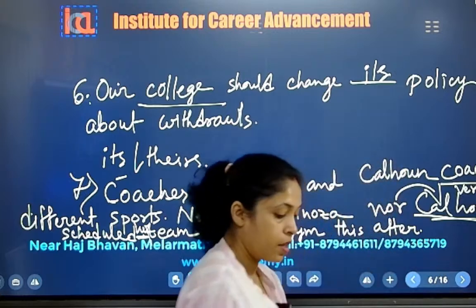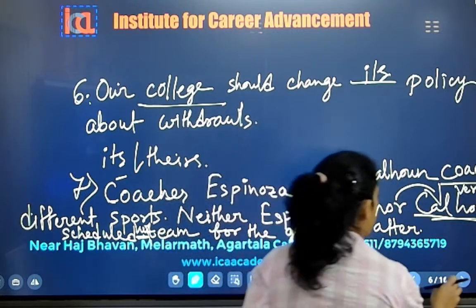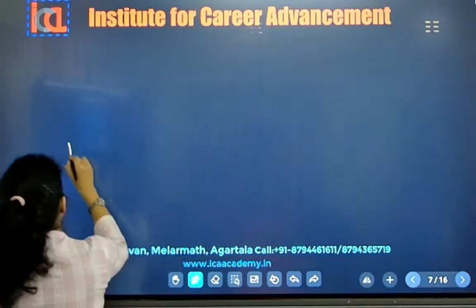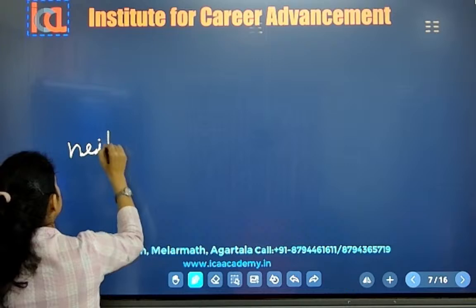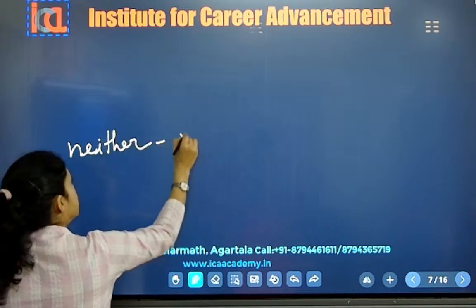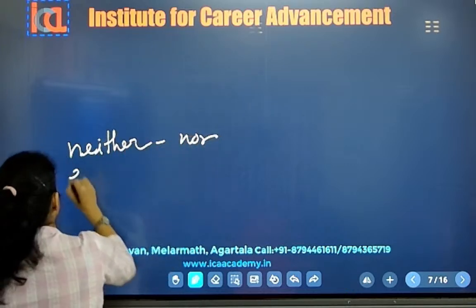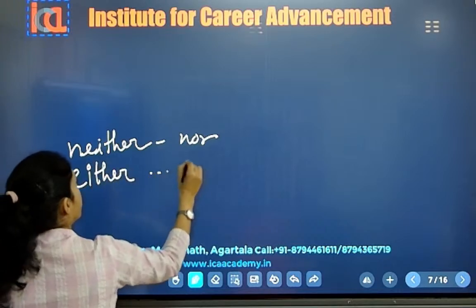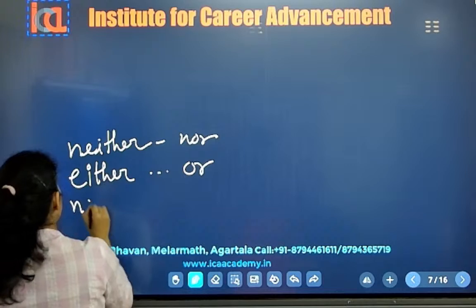In the same way, some more coordinating conjunctions are there. Neither nor, either or, not only but also.